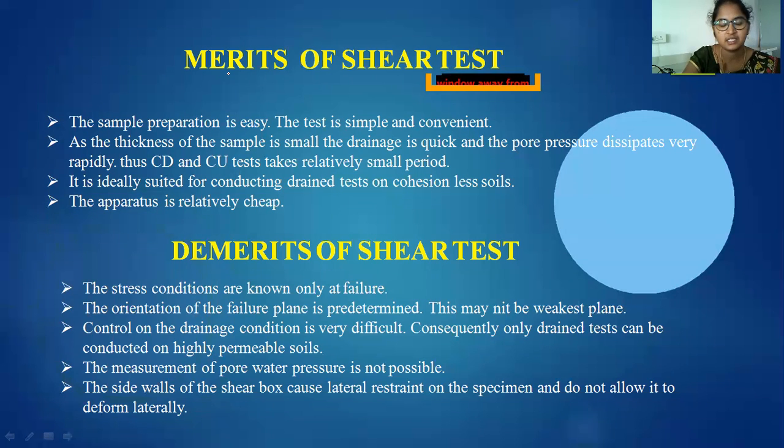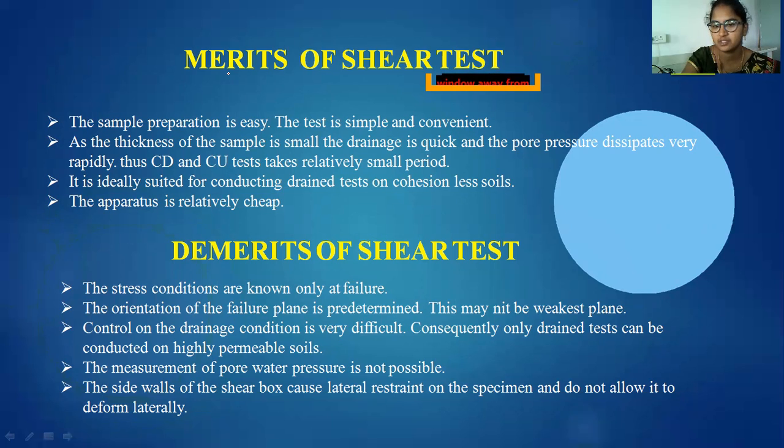Demerits: it is useful only for freely draining soils like sand, and the drainage condition cannot be controlled and pore water pressure cannot be measured. Control of the drainage condition is very difficult. Consequently, only drained tests can be conducted on highly permeable soil.